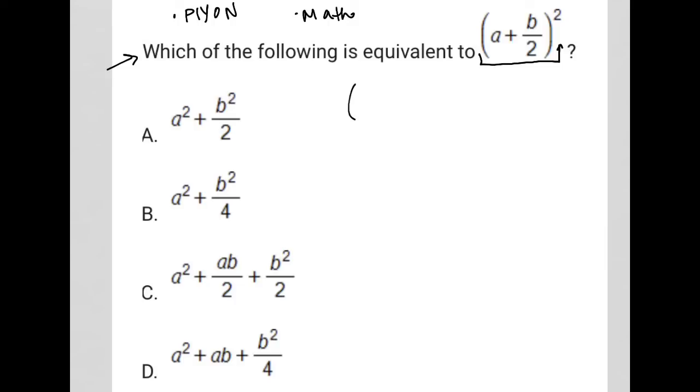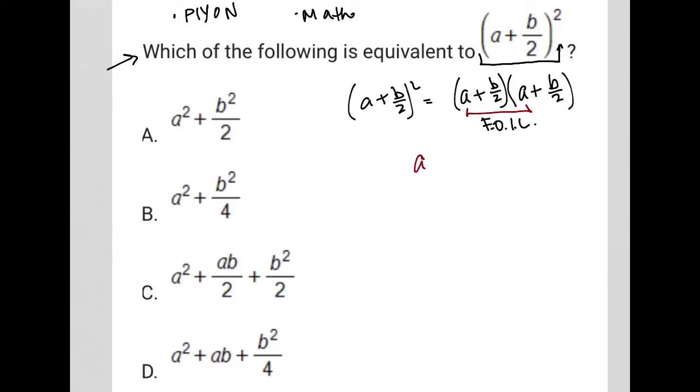So if I have (a + b over 2) squared, then what I really have here is (a + b over 2) times (a + b over 2). And then I would use FOIL to expand this. So F from FOIL is for first. I multiply the two first things and get a squared. O is for outer.